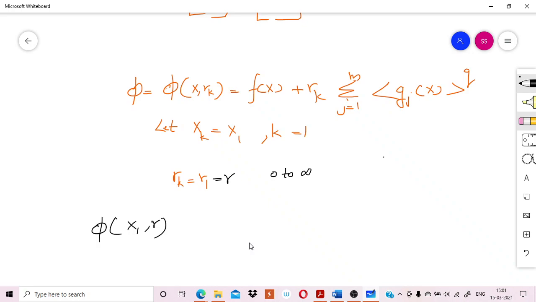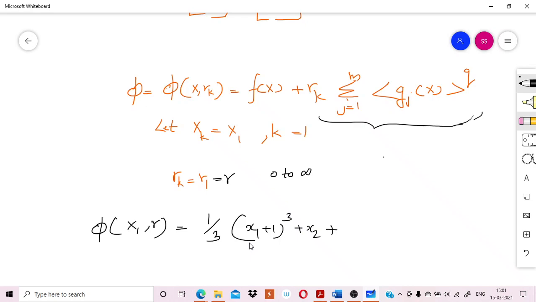Okay, and that's equal to 1 by 3 (x1 plus 1) whole cube plus x2, plus then this term.